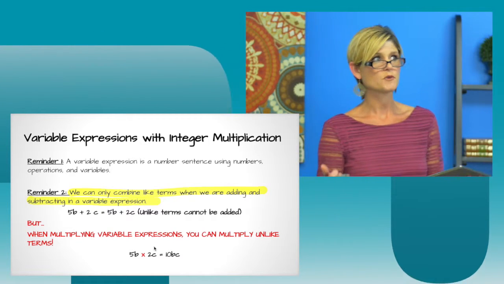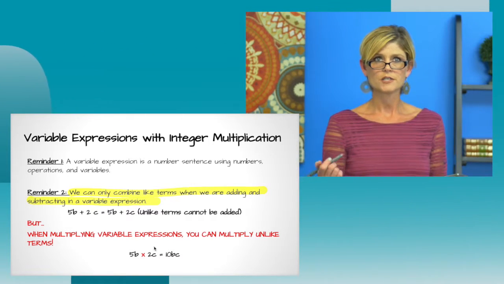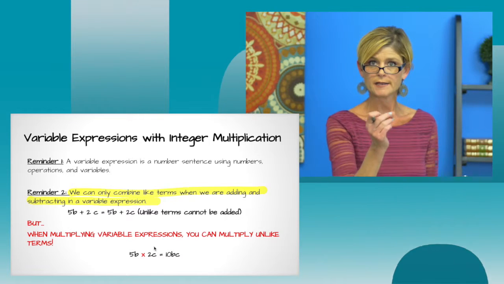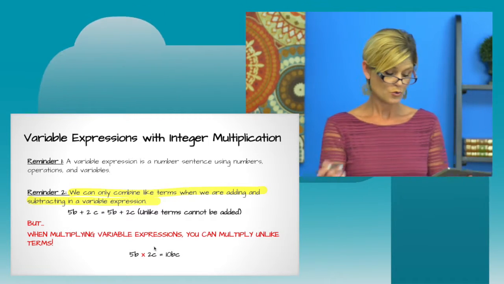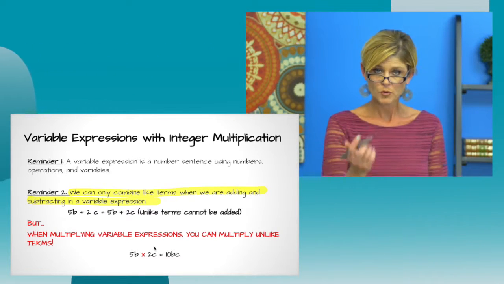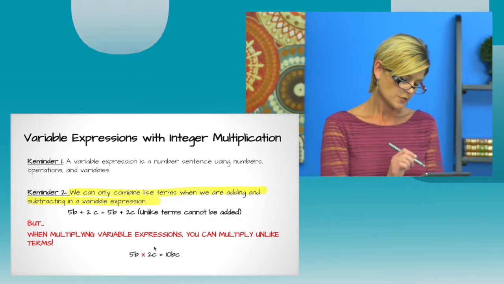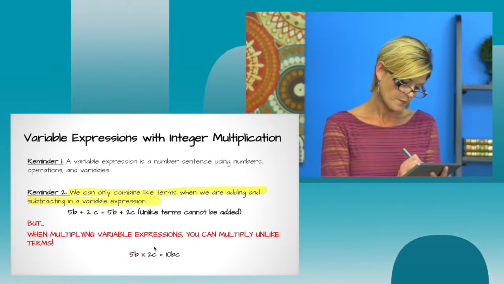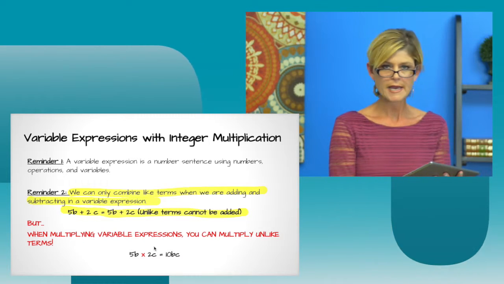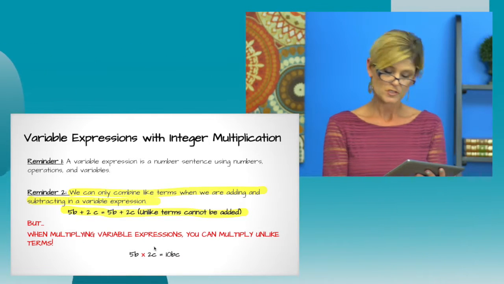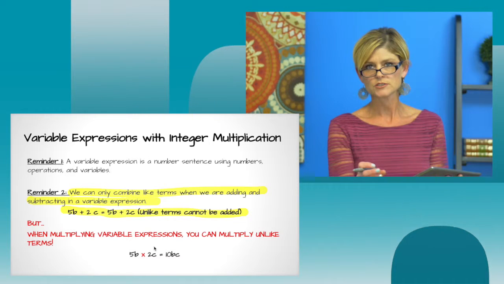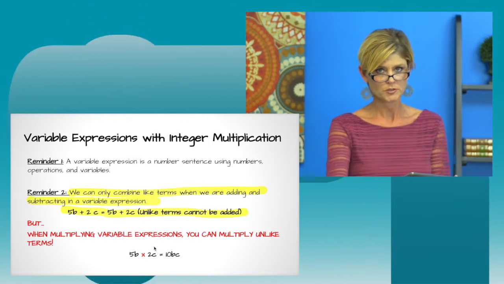I think you guys may remember in our video when we were learning how to add and subtract integers, I said you cannot add cookies to monkeys. But in multiplying integers, you can multiply unlike terms. So let's quickly take a look at my example here. We can't add 5b plus 2c because they're unlike terms. So the rules in adding and subtracting integers are totally different than multiplying.